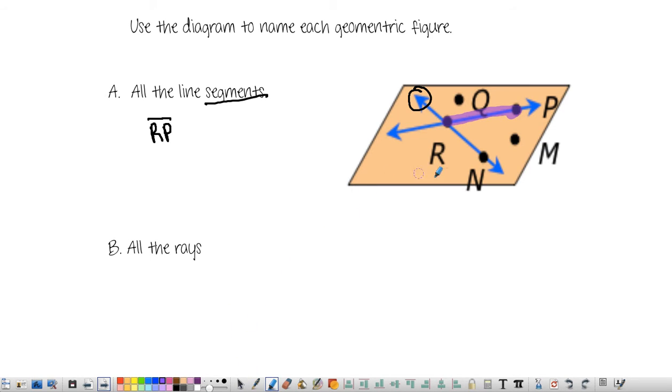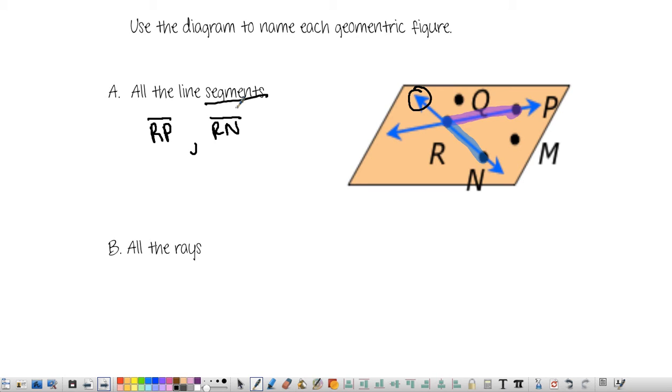Then you have from R to N. So you have line segment RN. Again, we don't list NR and PR because those are the same line segments.